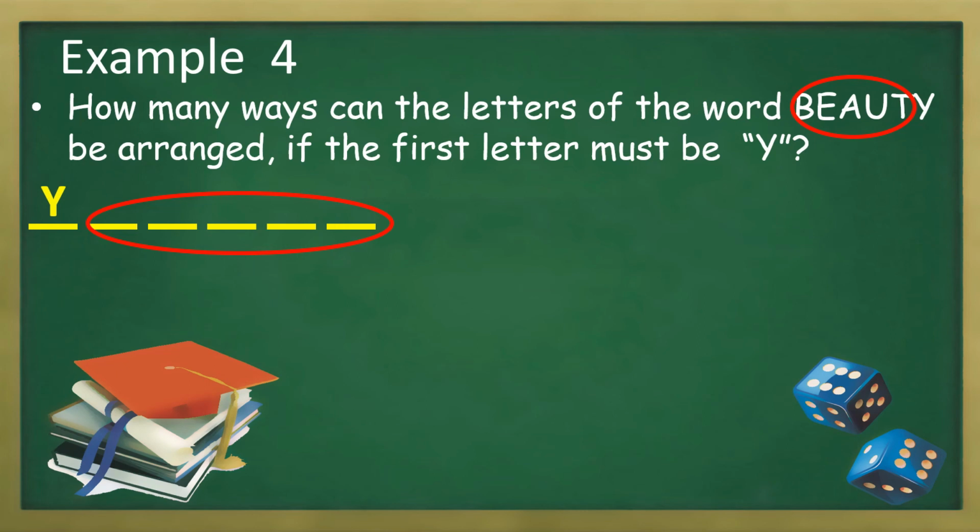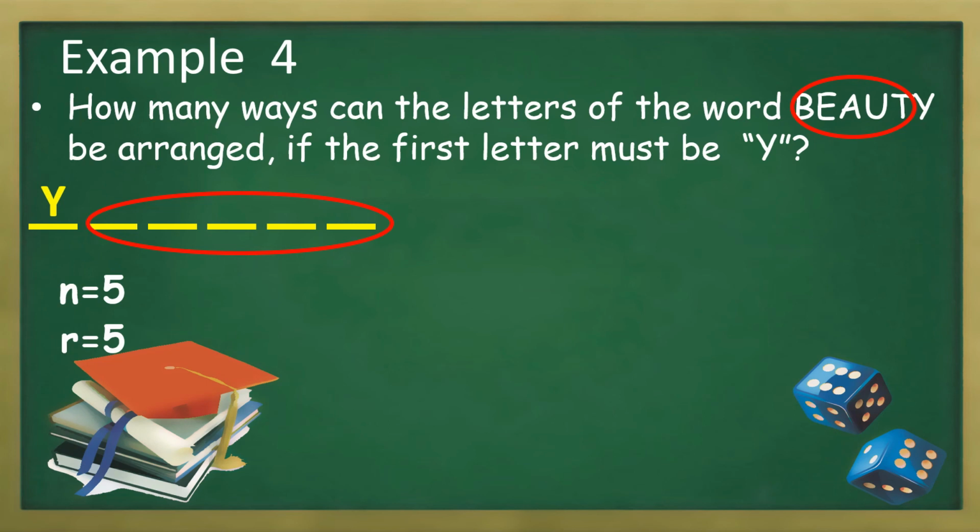So n will be only 5 letters, so therefore n is equal to 5, because we're going to choose only from the letters B, E, A, U, T, removing the Y from the choices because we already put the Y on the first letter of our arrangements. Then the r is equal to 5 because we only have to rearrange the remaining 5 letters.